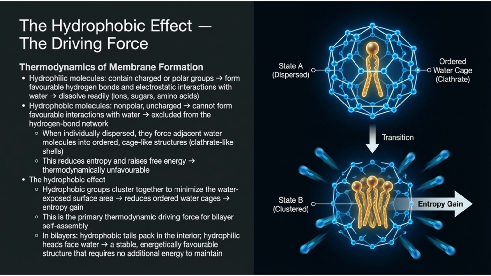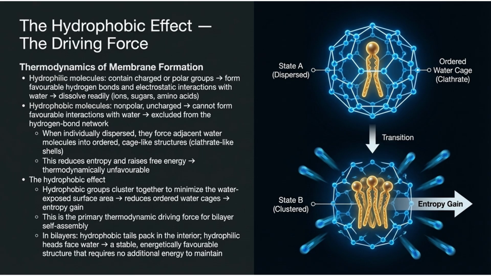Instead, they are forced to reorganize into highly ordered, cage-like structures around the hydrophobic intruder, sometimes called clathrate-like shells. This ordering reduces the entropy of the water significantly, and reducing entropy raises the free energy of the system, which is thermodynamically unfavorable.